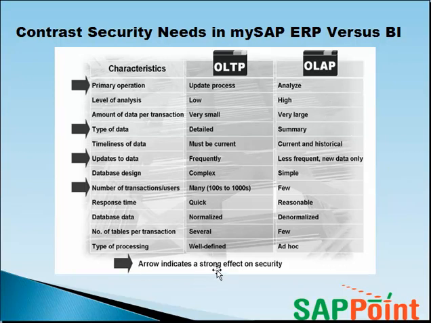The arrow marks that you see here are the factors that impact security in both places. The primary operation of an OLTP system is updating the data, whereas the BI system is an OLAP, that is, online analytical processing system, for analyzing the data. You get detailed information of data in the OLTP system, whereas you get only a summary of the data in BI.